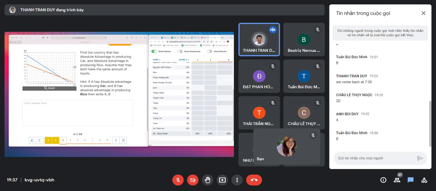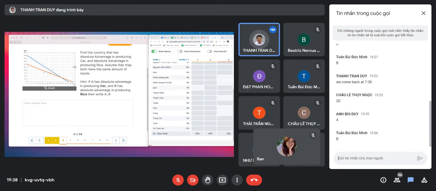So with the same amount of input used to produce car, country B can produce 40 and country A only 36. Therefore, we say that country B has absolute advantage in producing car.